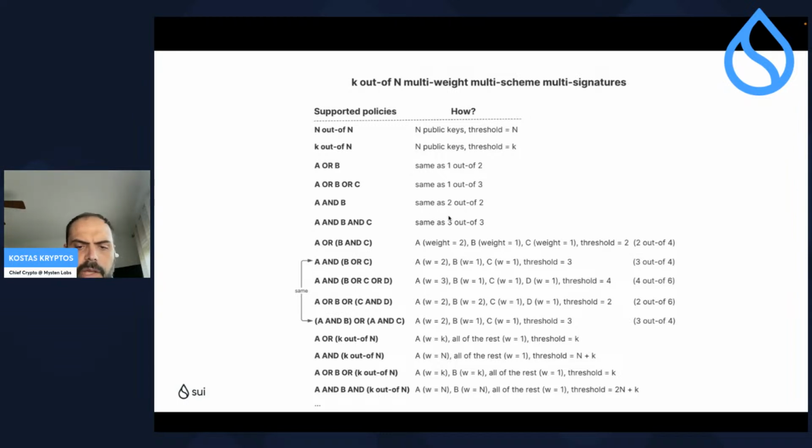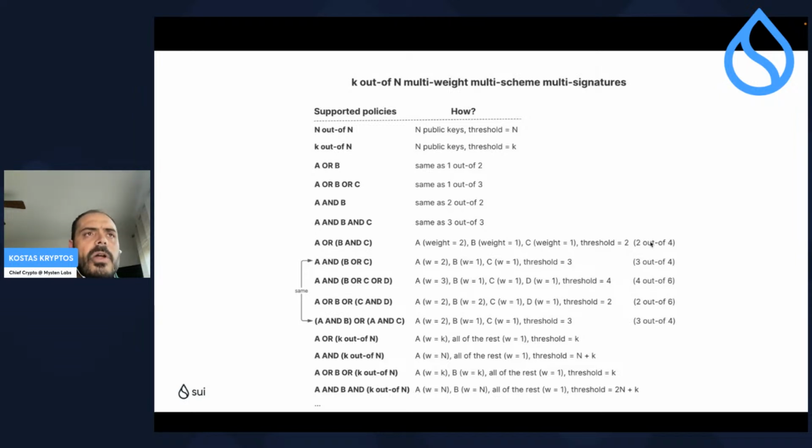For example, how can you do a structure which is A or B and C, right? What I would do is create an address where key A has a power of 2, the second key has a power of 1, and the third key has a power of 1. Then the threshold is 2, and I'm creating a system of 2 out of 4, and you always need at least a power of 2 to be able to sign.